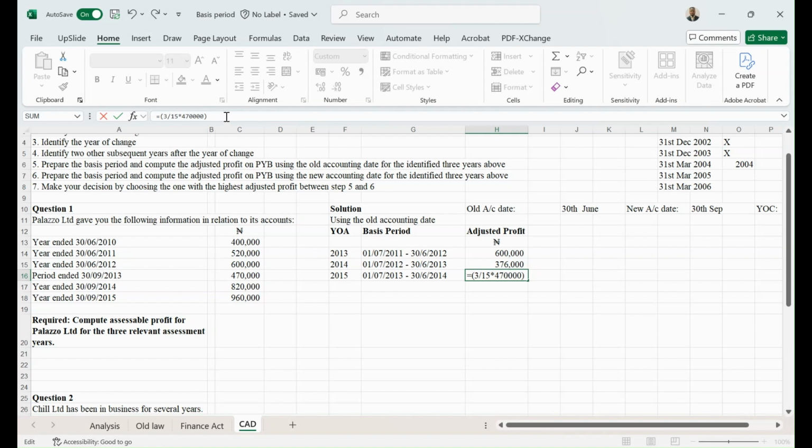Then plus, the remaining 9 months, 9 over 12 times 820,000. The remaining 9 months can be found in this 820,000, which represents a 12 months period, so I'm looking for the 9 months in this 820,000. That gives us 709,000.